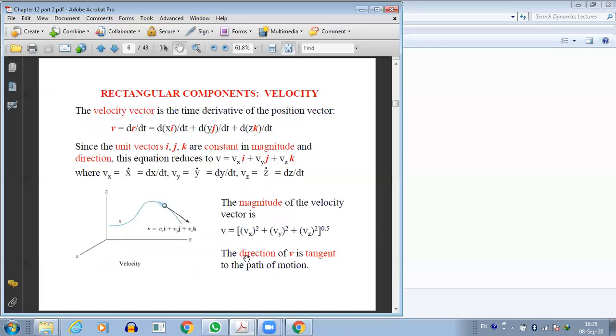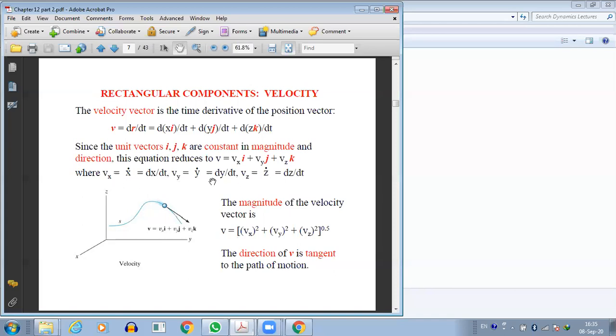Similarly, velocity will have the x component. You remember x dot. X dot means a differential with respect to time. dx by dt is x dot. dy by dt is y dot, and this is also known as vy. dz by dt is z dot, and this is also known as vz.